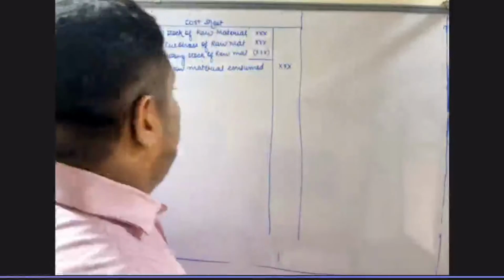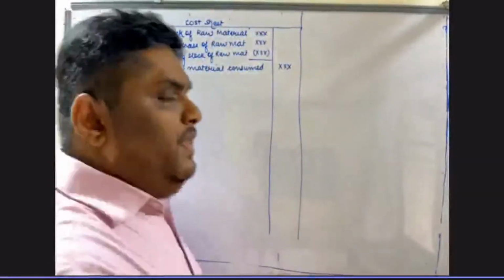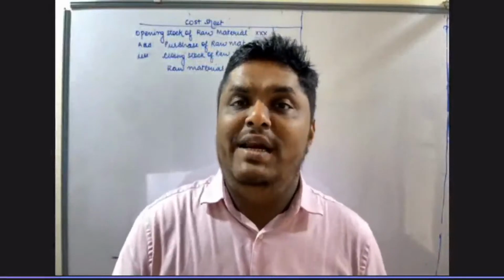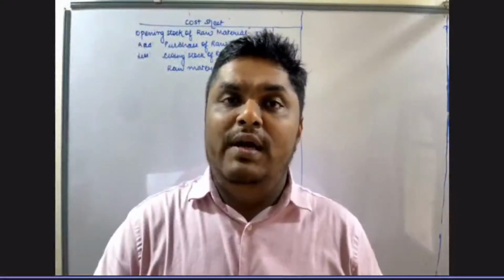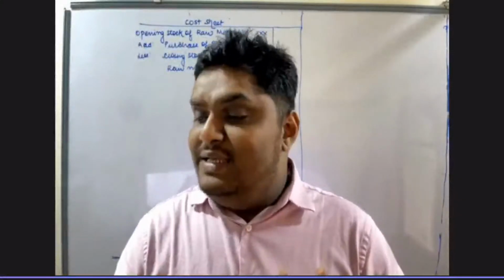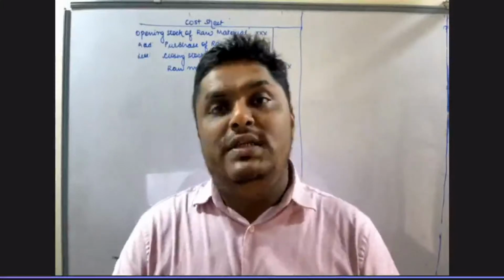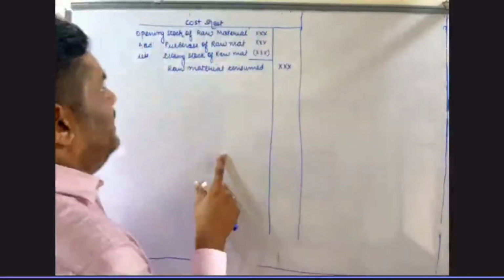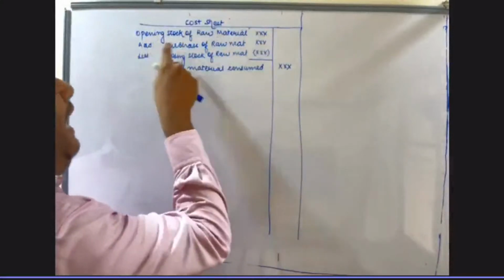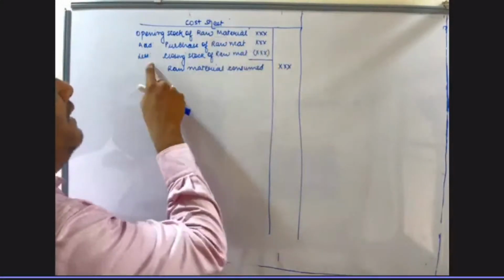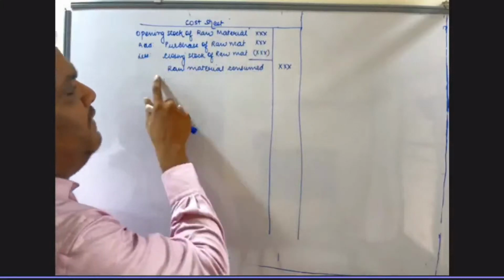So, if in question the direct material is given, write straight away direct material. But if direct material is not given and the information is given as regards opening and closing stock of raw material, then we'll start with opening stock of raw material, add purchase of raw material, less closing stock of raw material, we will get the value of raw material consumed.